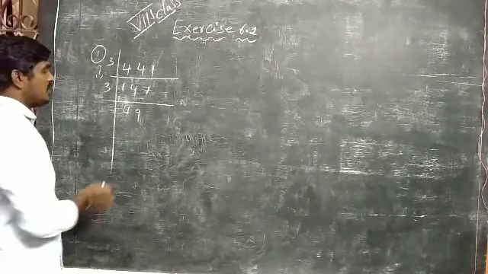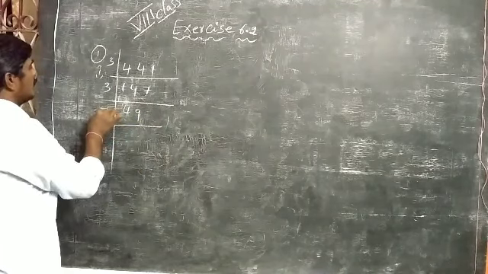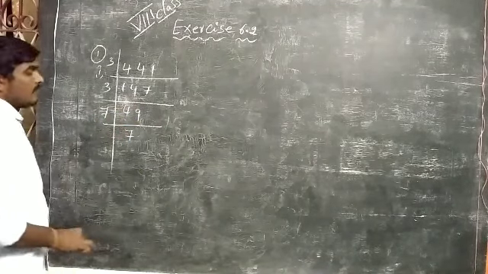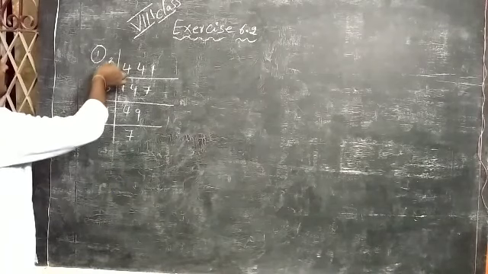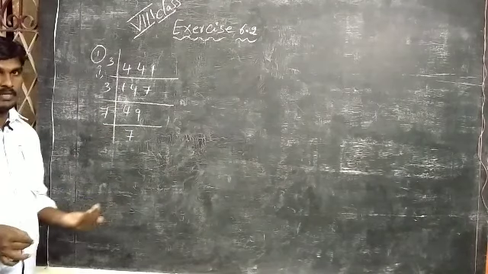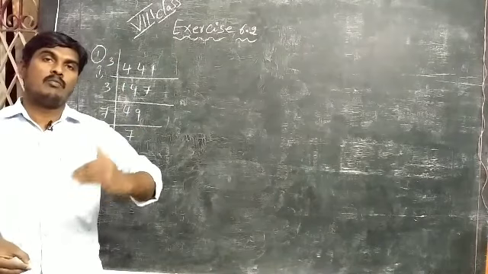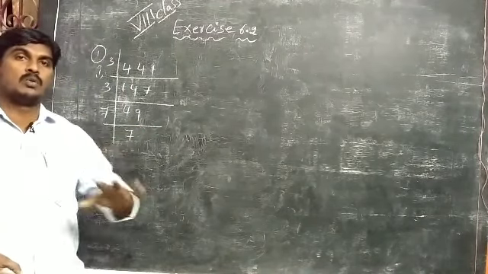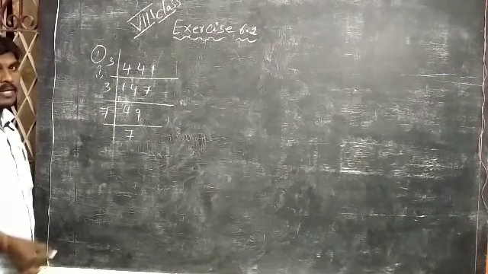That is which table? 49. 7 sevens are 49. Okay. So you see, these are all which type of numbers? Prime numbers. Already I told you in the beginning, by using the prime factorization method, we want prime factors only. 3 is a prime factor, 7 is also a prime factor.